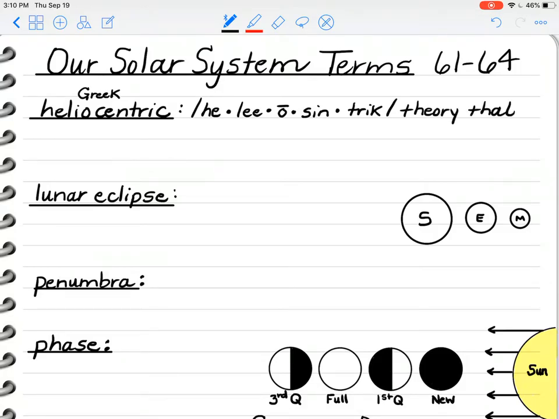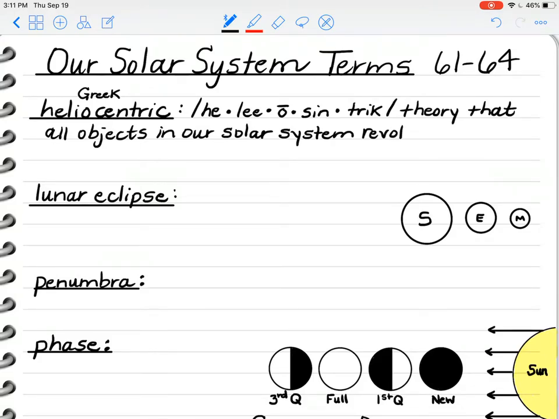that all objects in our solar system revolve around the sun. And I want to tell you a little story here.